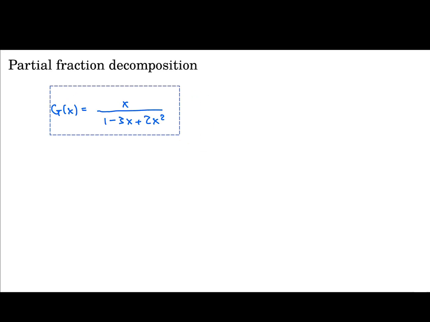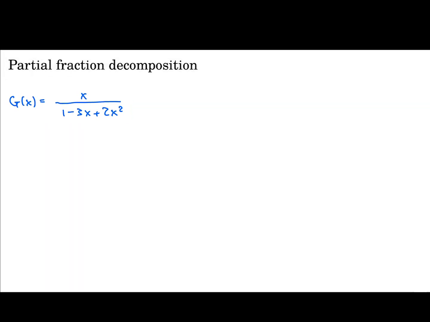So this is the function that we have, and we want to do partial fraction decomposition. The first thing that we need to do is solve or factor the denominator.